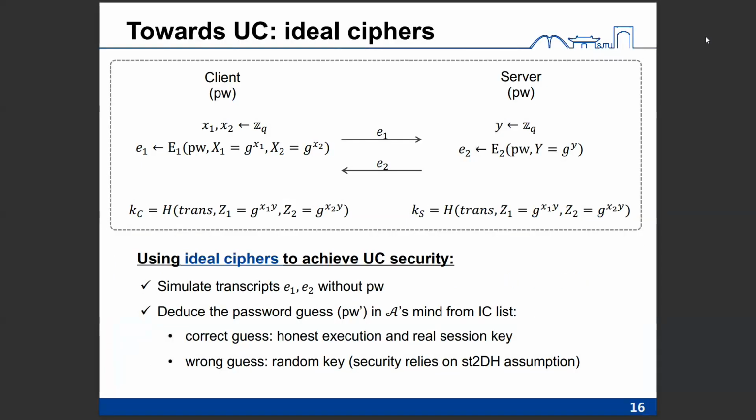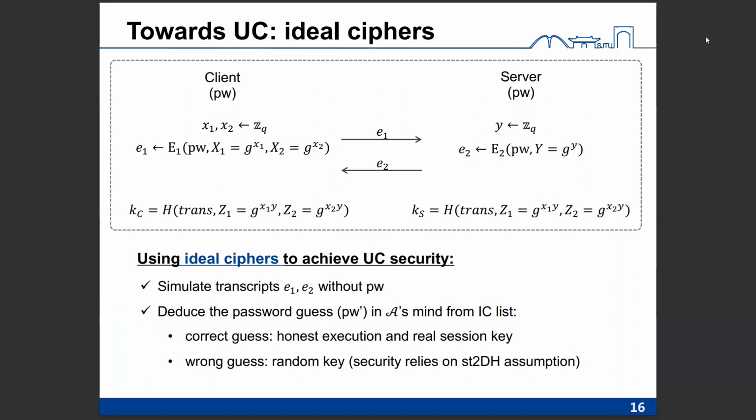Well, we also consider UC security in our protocol, and that's done by ideal ciphers. Actually, in twin-DH EKE, we model the symmetric encryption schemes E1 and E2 as ideal ciphers. That means we can simulate transcripts E1 and E2 without knowing passwords.